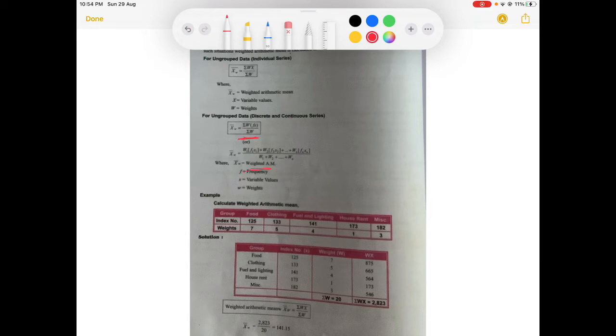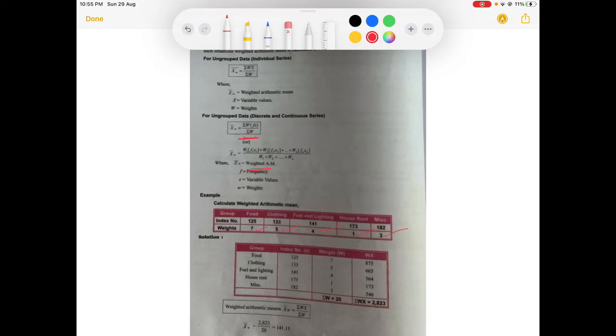So here, for example, we have different expenditures, and some expenditures have greater weightage. The highest weightage is for food, which is given a weight of 7. Next is clothing, which has a weight of 5. Then fuel and lighting, which has a weight of 4. And miscellaneous, which has a weight of 3. And house rent, which has a weight of 1. So now we will use this formula.